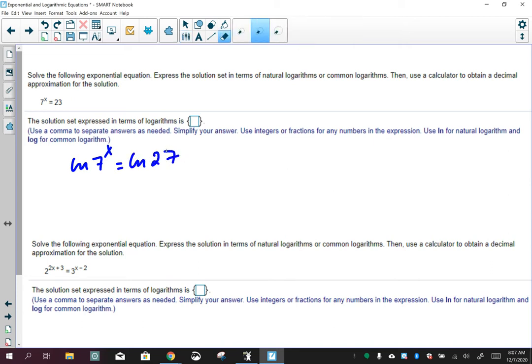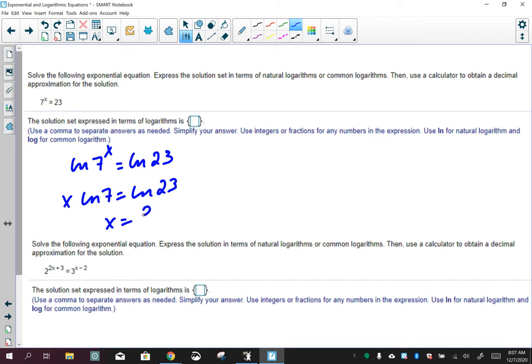Oops, not a 27. That's a 23. My bad. And then you're going to follow your property. And then you're simply going to divide.